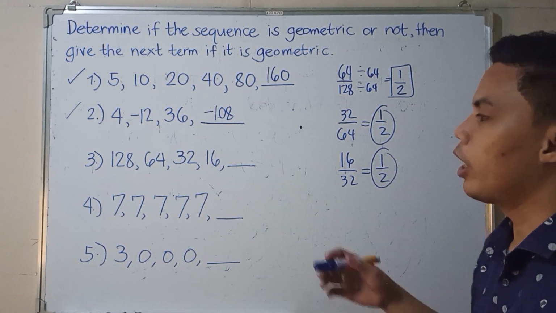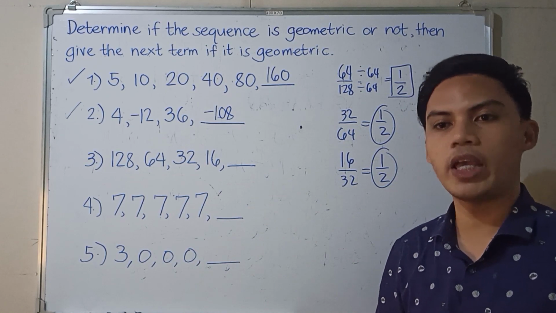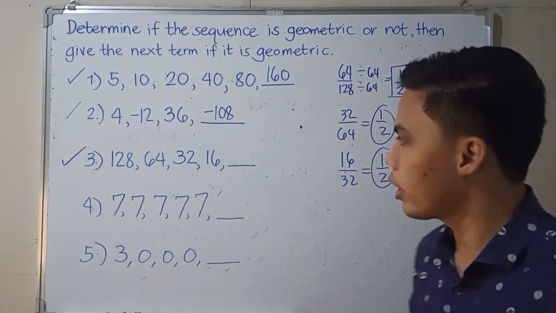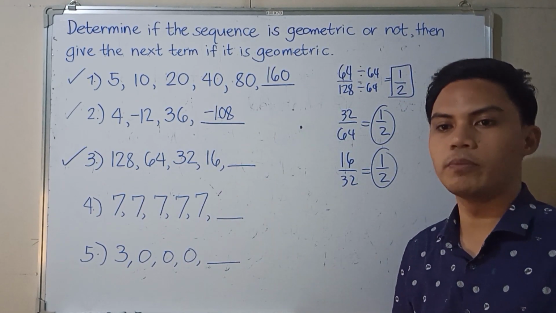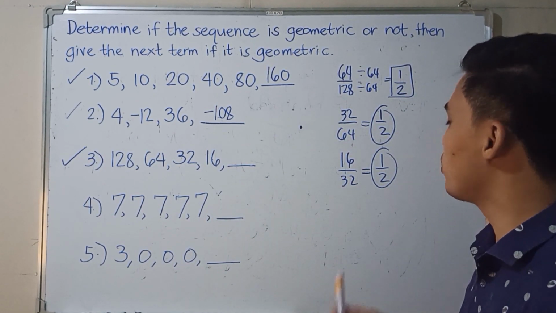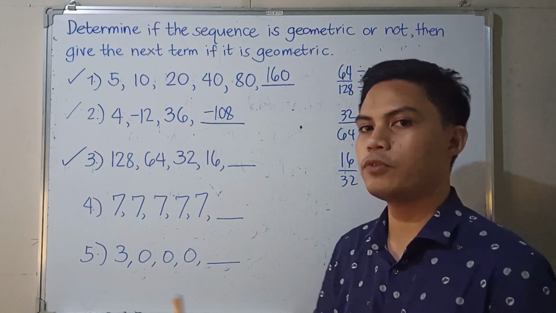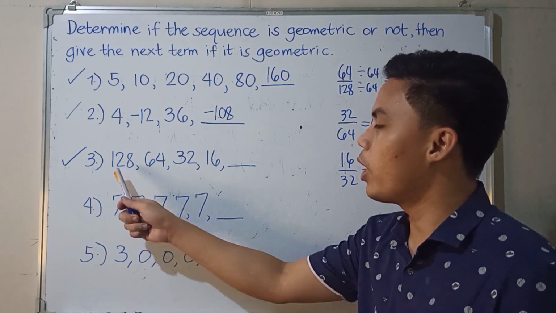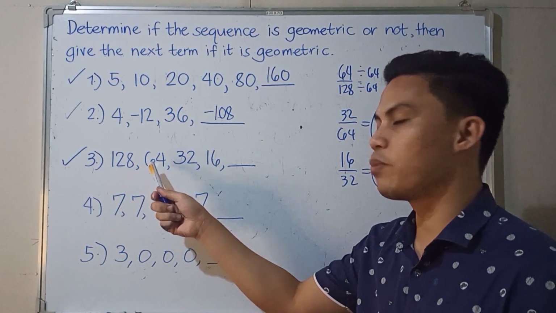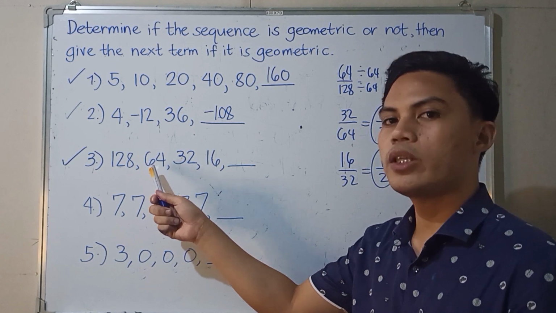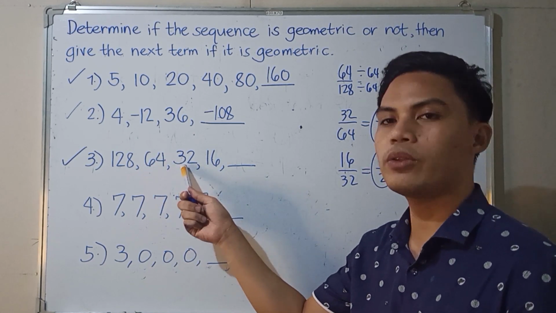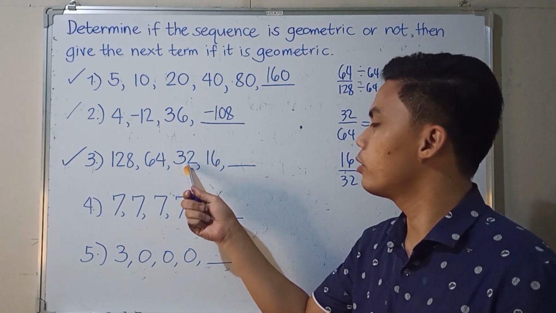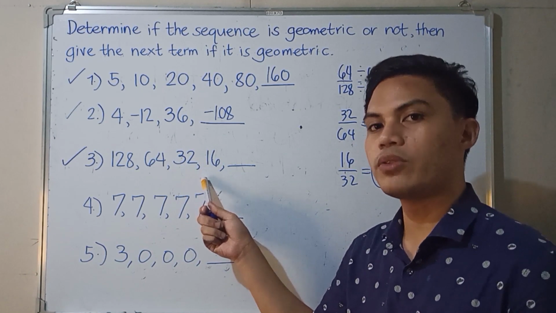So, ang sequence number 3 represents a geometric sequence. Okay, geometric sequence. Ang tanong, ano kaya yung next na term? Okay, para makuha siya, we simply multiply 1 half to each term. Okay, so 128 times 1 half is 64. 64 times 1 half is equal to 32. 32 times 1 half is equal to 16.